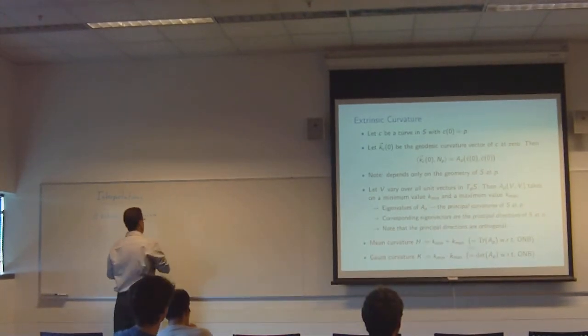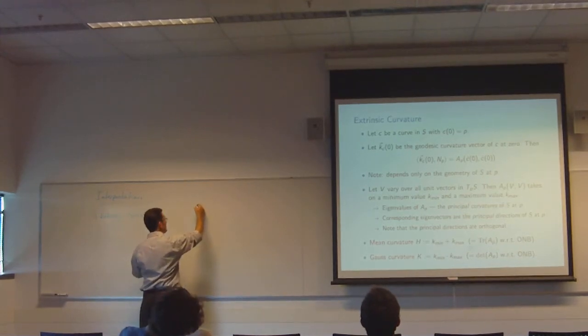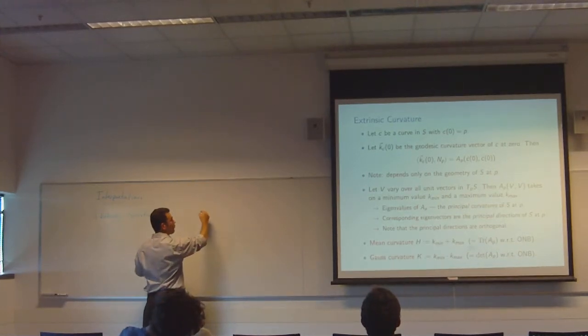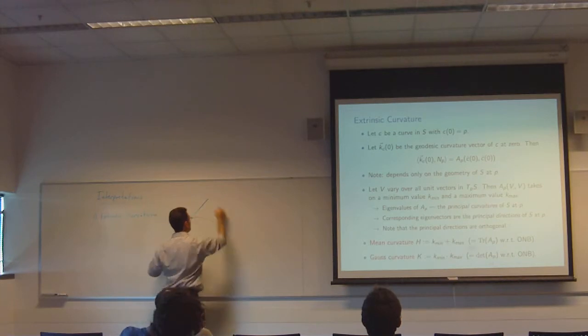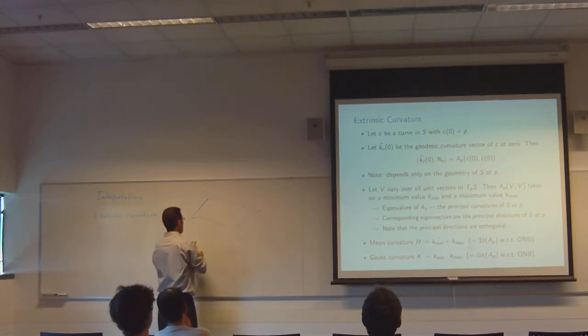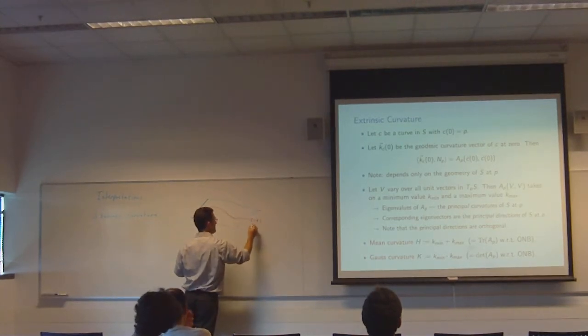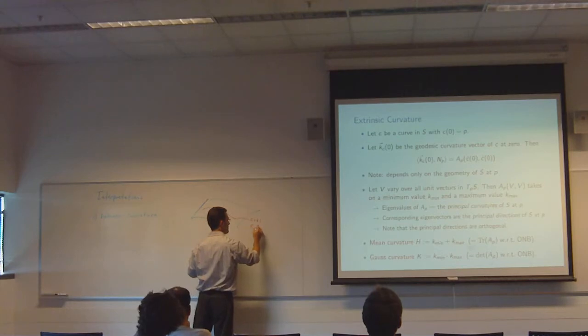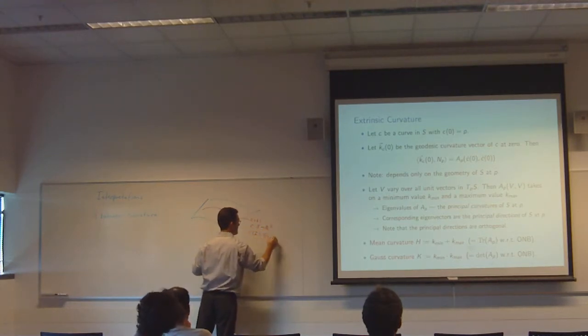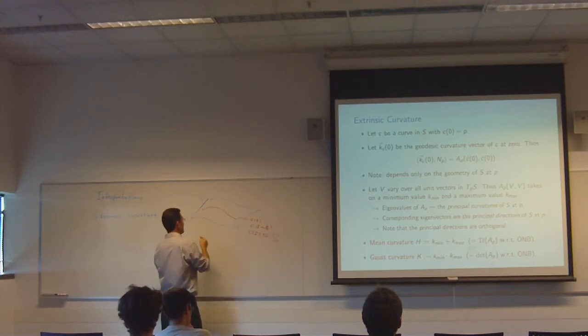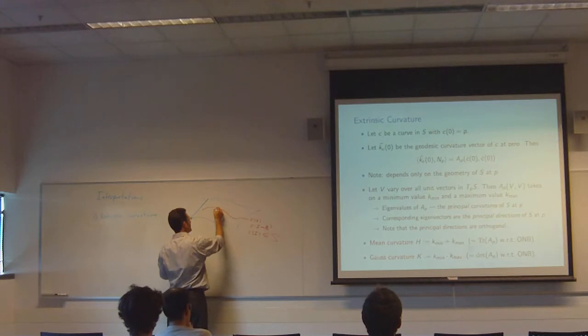Okay, so let's draw some pictures. What I'm going to have is my surface, as usual, and I'm going to have a curve that lies in the surface. So this is C of t. C goes from I into R3. C of I lives inside the surface. Let's take a point here.